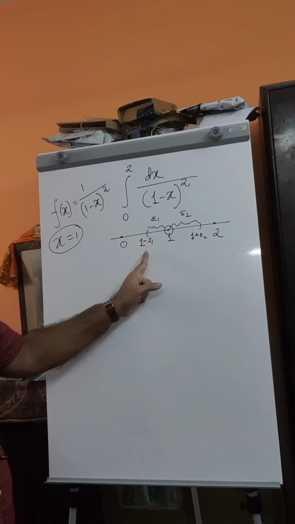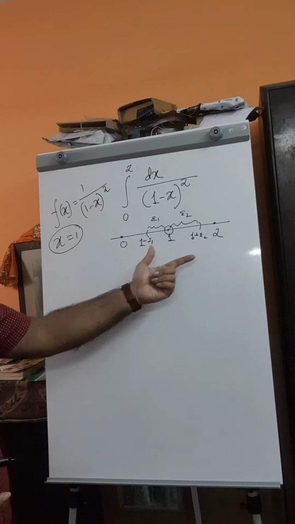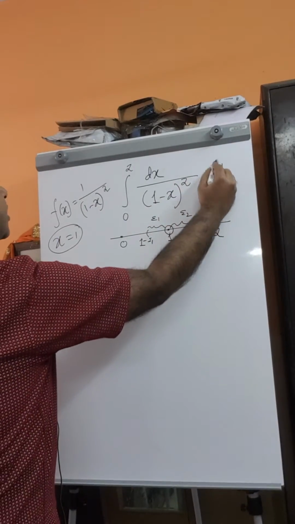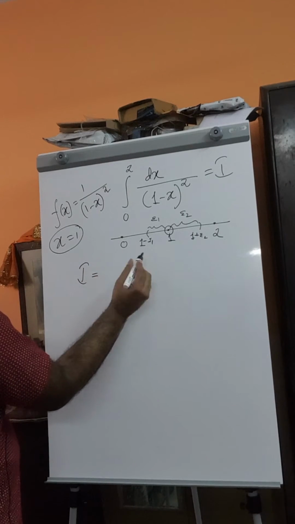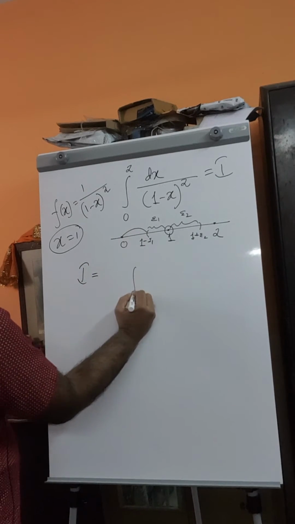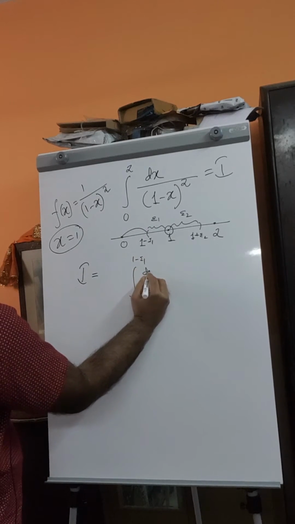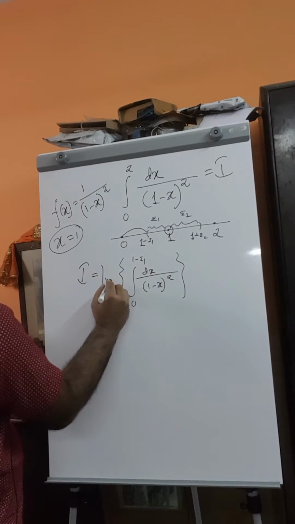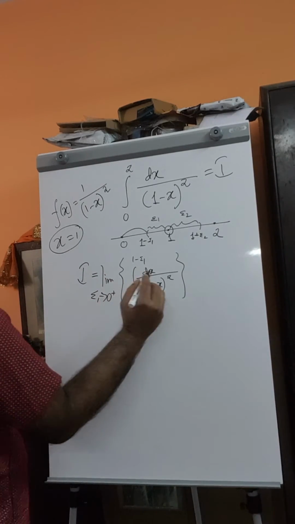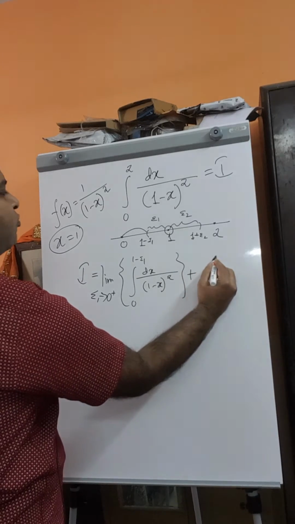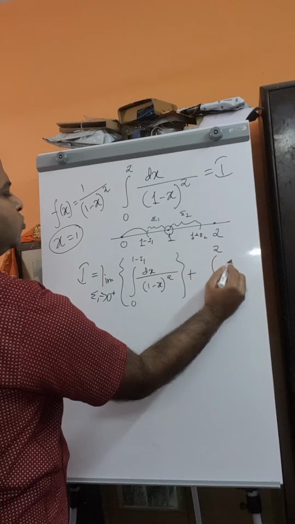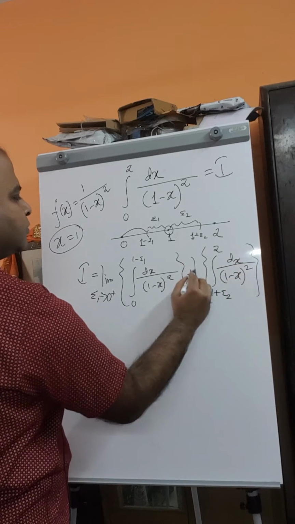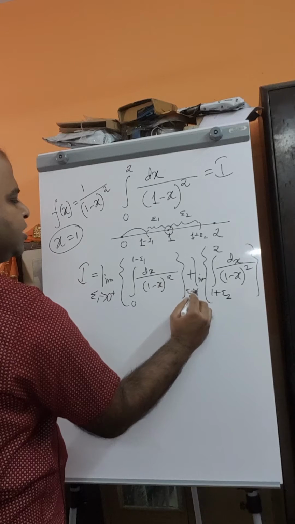So this is the portion 1 minus epsilon 1 to 1 plus epsilon 2, which is being cut out from the interval 0 to 2 to remove this trouble point. So if I call this integral I, we now consider I in the range 0 to 1 minus epsilon 1 dx upon (1 minus x) whole square, and we apply limit when epsilon 1 tends to 0 plus, plus the second integral, that is 1 plus epsilon 2 to 2 dx upon (1 minus x) whole square, and we apply limit over this when epsilon 2 tends to 0 plus.